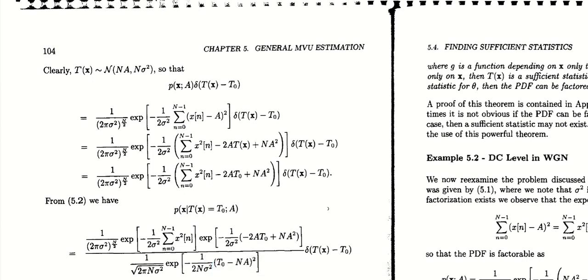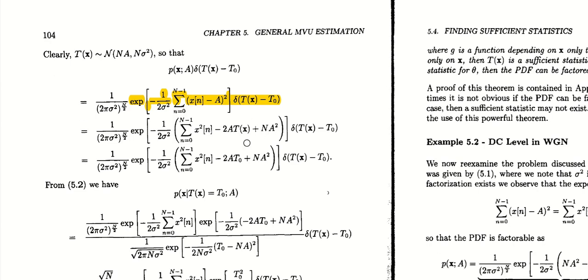This is in fact a Gaussian distribution with n Gaussian random variables. So you have this exponent n divided by 2 and the exponent for the summation. And then you expand this term, it gives you this second order term, x squared minus 2at plus na squared.